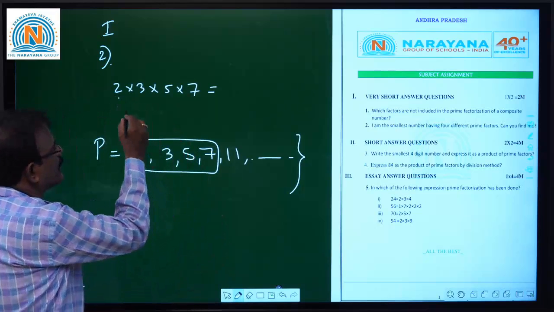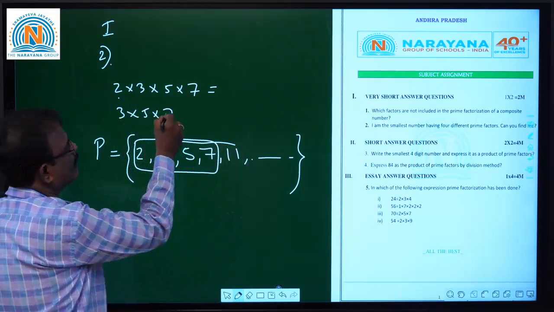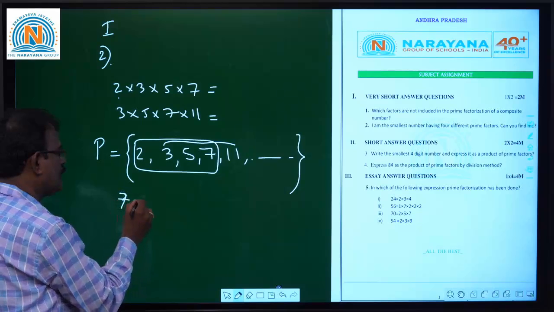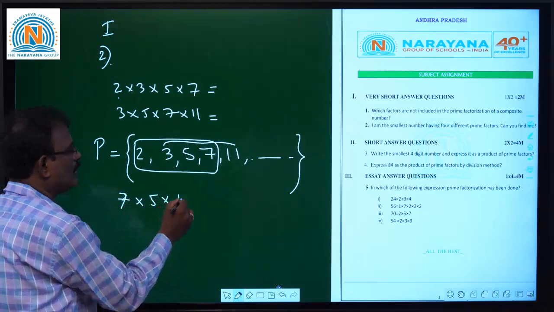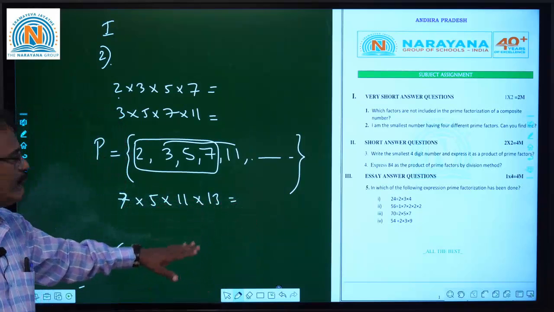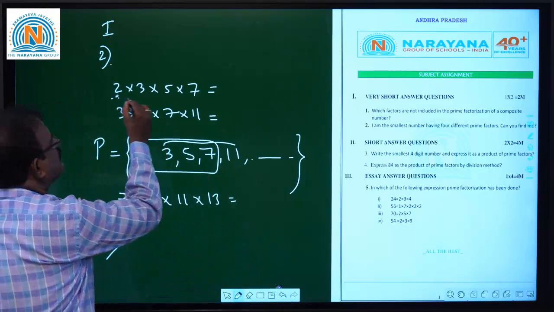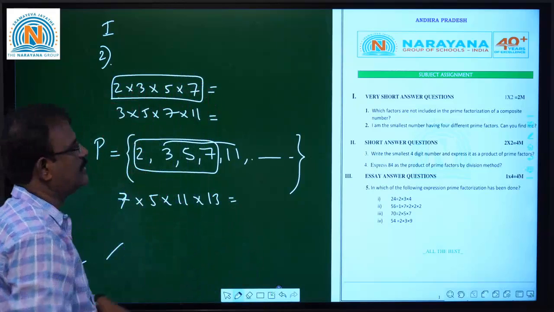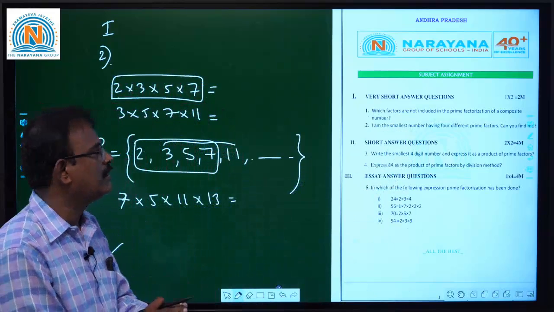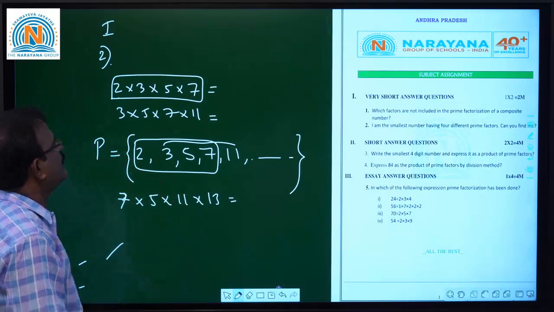If you take another, like 3 into 5 into 7 into 11 or 5 into 7 into 11 into 13, whatever product of any 4 prime numbers you take, out of all the products this is the least, because we want the smallest number.